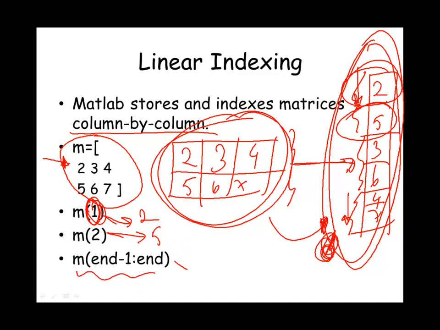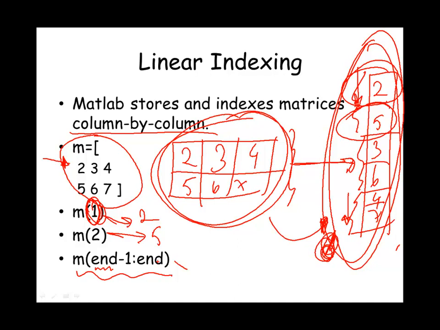The last example, notice that I do not have any commas in the indexing. When I had commas, the keyword end would be replaced with the number of rows if it were on the left-hand side of the comma, and it would be replaced with the number of columns if it were on the right-hand side of the comma.